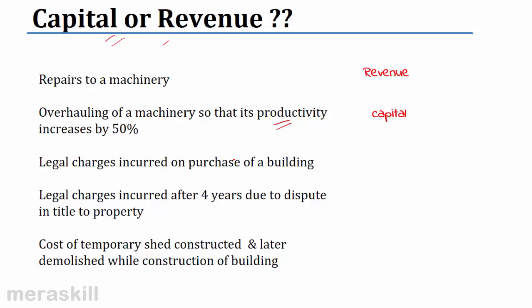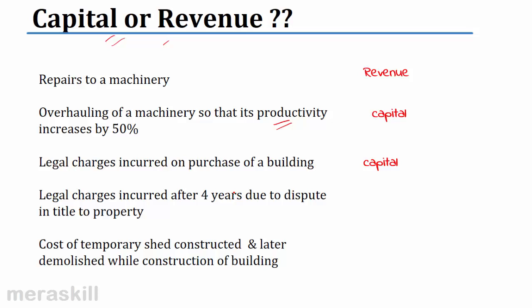Next, legal charges incurred on purchase of a building. I buy the building; all costs incurred on the purchase of an asset till it is ready for use must be capitalized. So it is capital. But look at this.